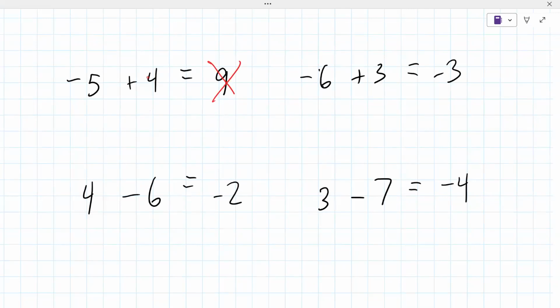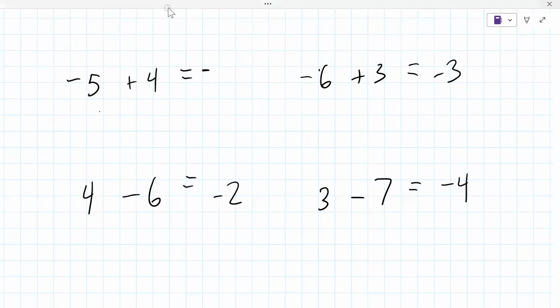Okay. It's actually a lot like the one on the right here. Negative 9. Okay. The answer is definitely negative. Why is it negative? Because the negative 5 is further from zero.